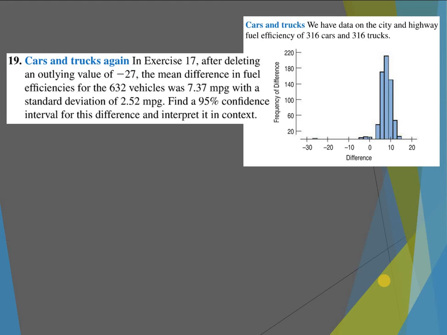Highway minus city. Have you ever heard of an electric vehicle? Electric vehicles, right? Do they get the same miles per gallon, or even a hybrid, for city and highway?